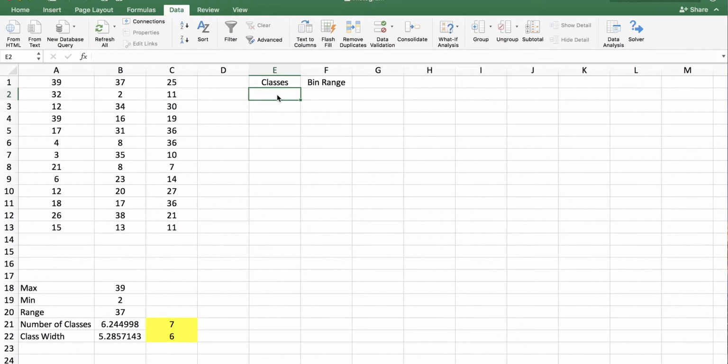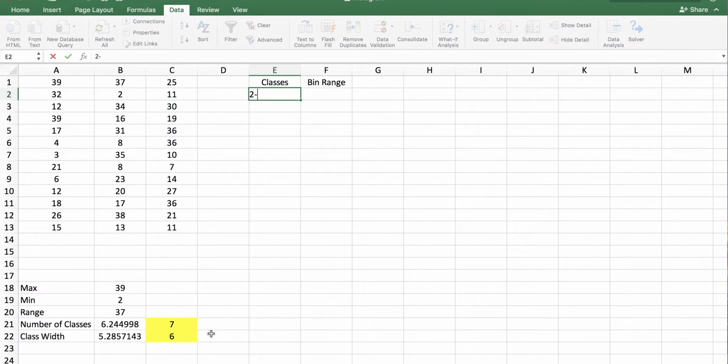So it is okay to start from 2 because then I ensure that every value starting from 2 in my dataset will be included in the histogram. So the lower limit of the first class is then going to be 2, and the upper limit of the first class will be determined by the class width.